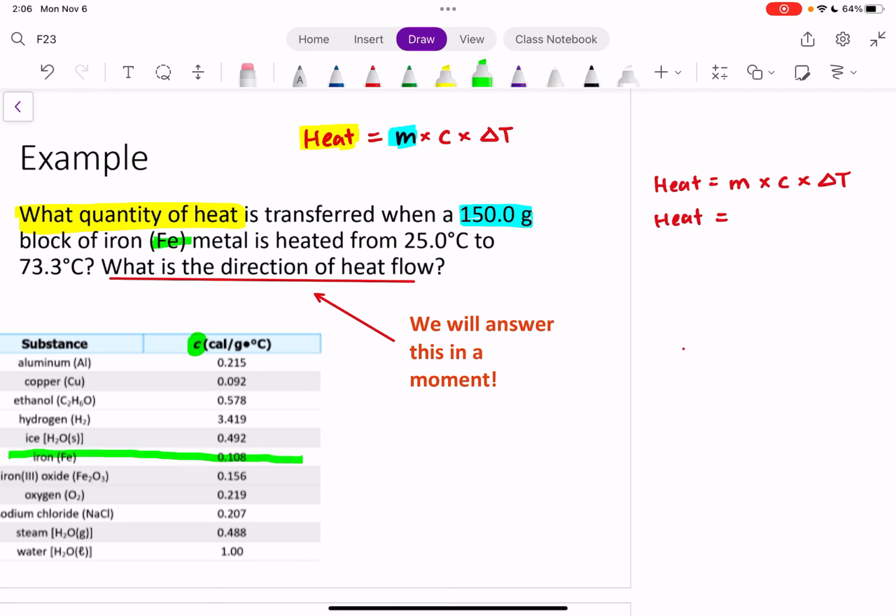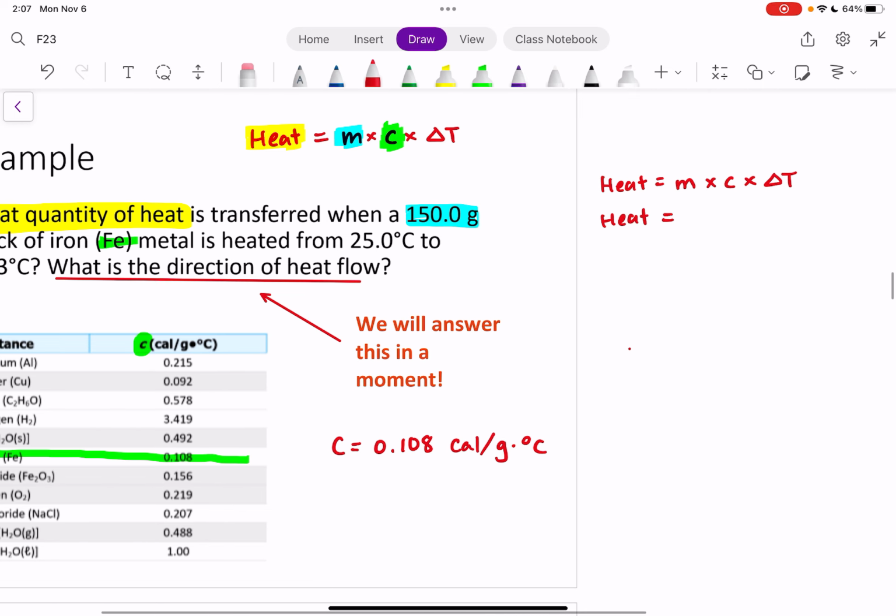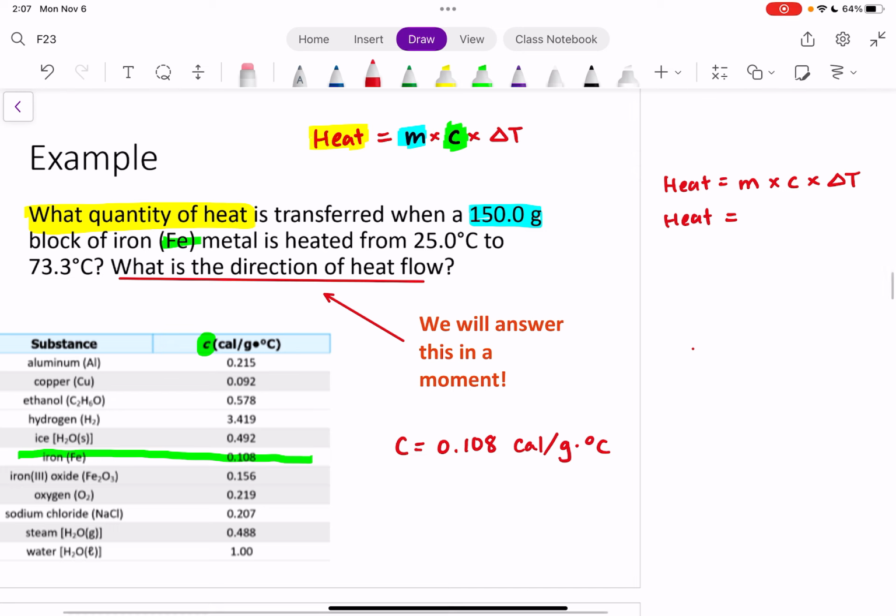We can ignore everything else. It looks like our specific heat for iron is 0.108. Let me make a note of that. C equals 0.108, and let's not forget our units, calories per gram times degrees Celsius. All right, that's our C value.